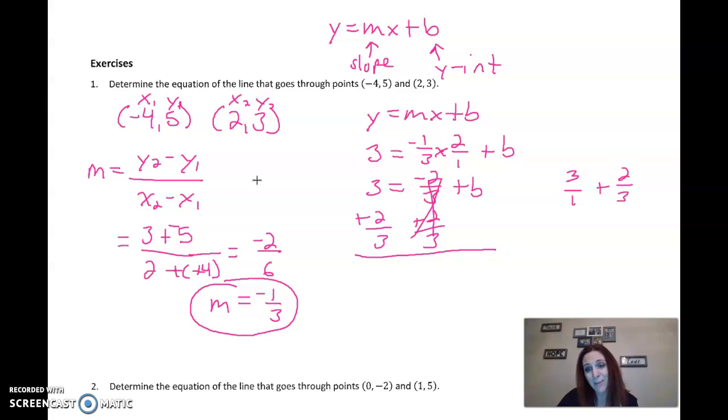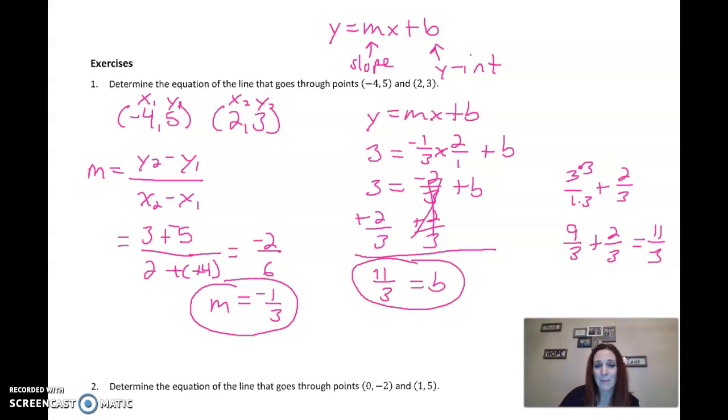I need a common denominator, so I'm going to multiply top and bottom by 3. I'm going to end up with 9/3 plus 2/3 equals 11/3. So 11/3 is our b. Now I know my m and my b, so I can write an equation. y equals negative 1/3 times x plus my b, 11/3.